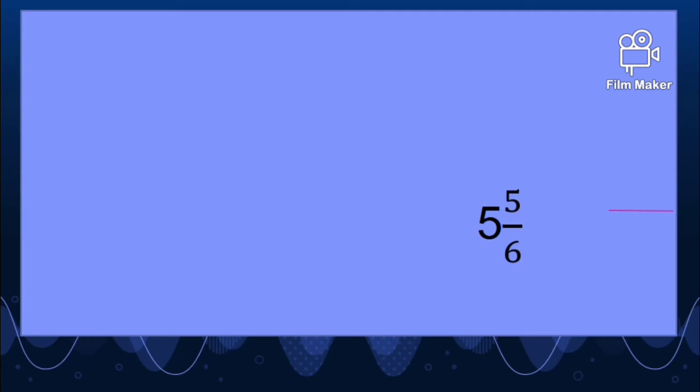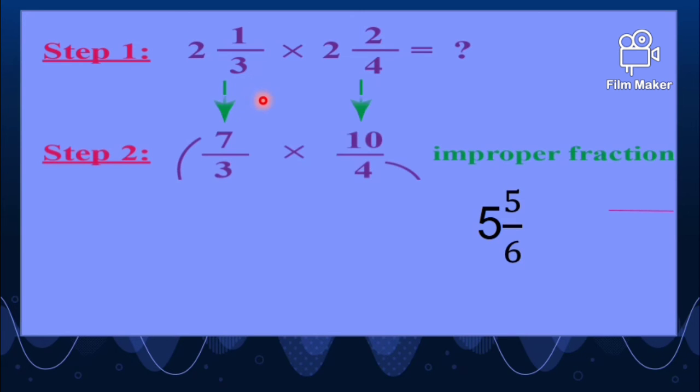In the next example, we have the question 2 whole 1 by 3 multiply by 2 whole 2 by 4, which means we have to multiply two mixed numbers. To multiply mixed numbers, we first have to convert them into improper fractions.